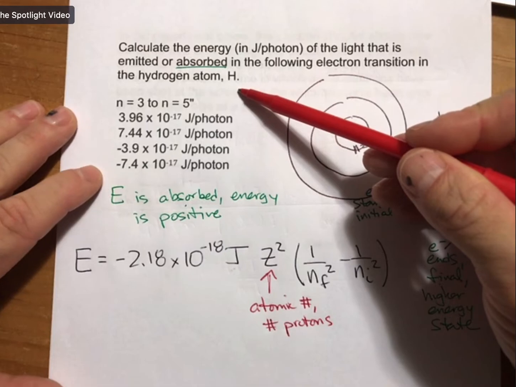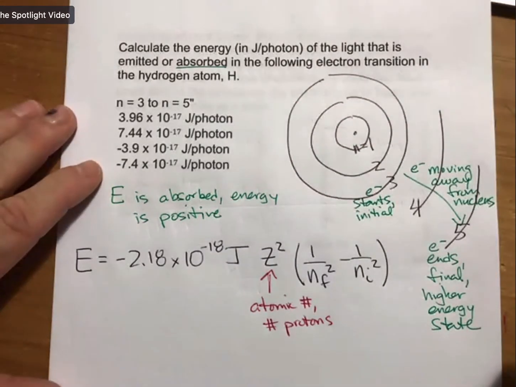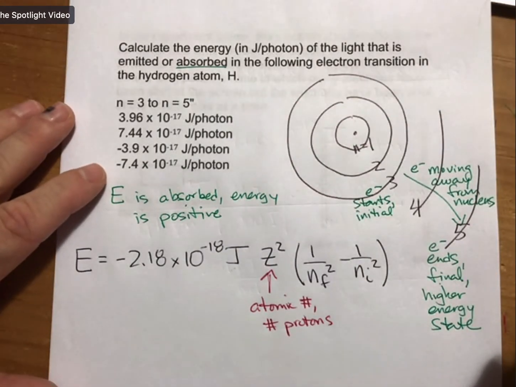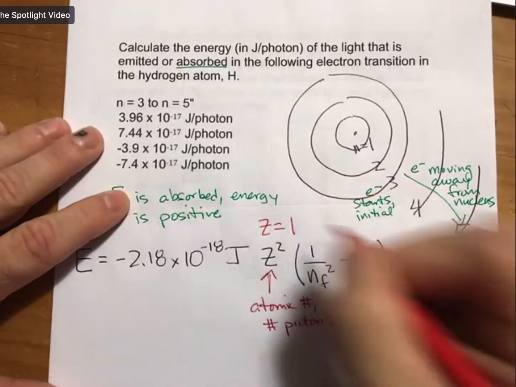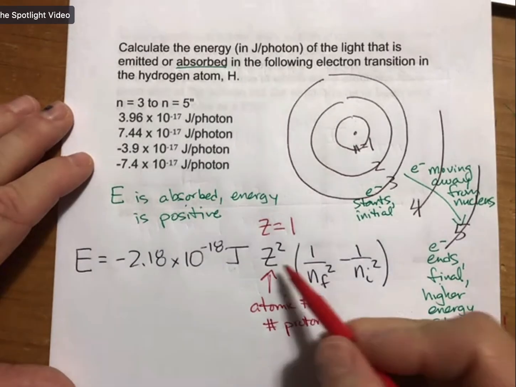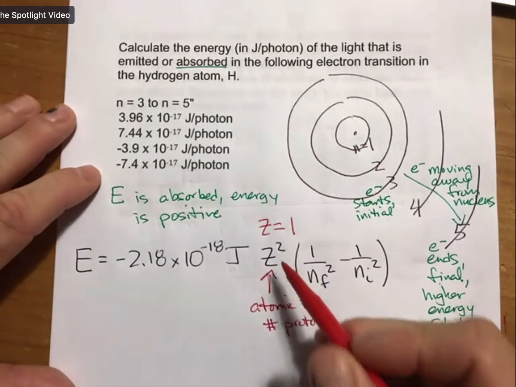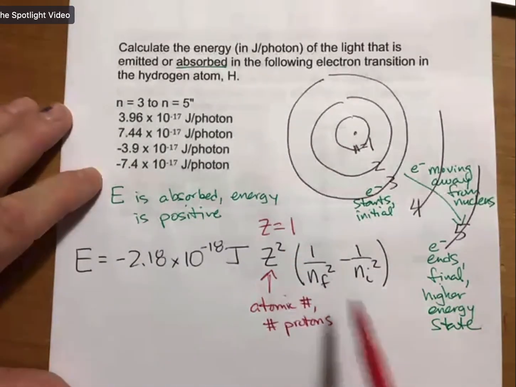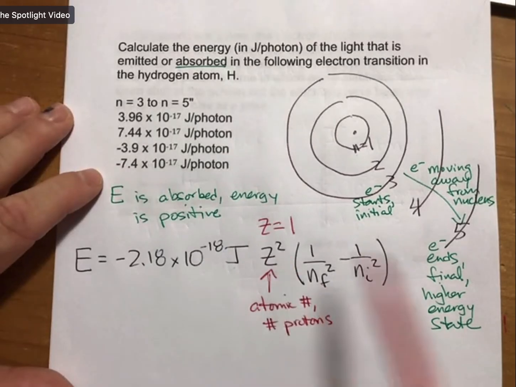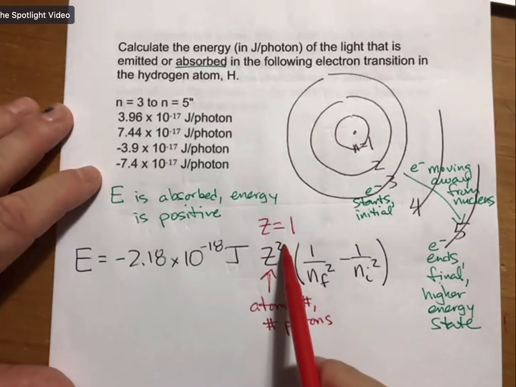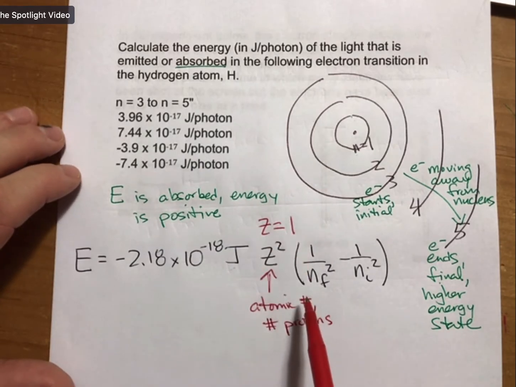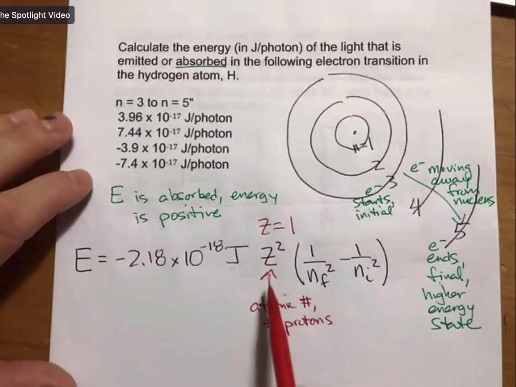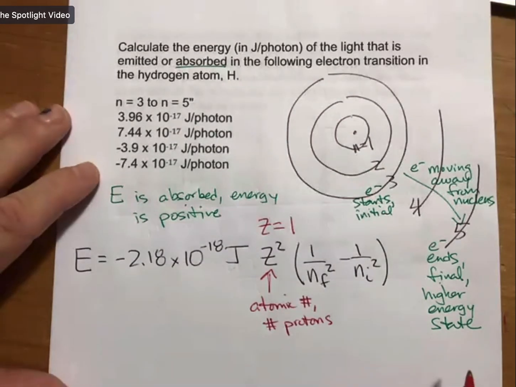Can anybody help me out? 1. 1, thank you. So Z is going to be 1 for hydrogen, and 1 squared is just 1. Thank you, Daryl, and Selden. So 1 squared is just 1. That term is going to drop out. And again, we talked about how this equation was developed for hydrogen first, and then they added the Z squared to make it more general.